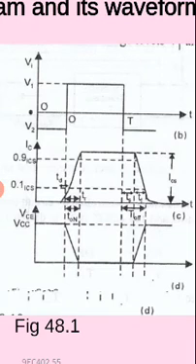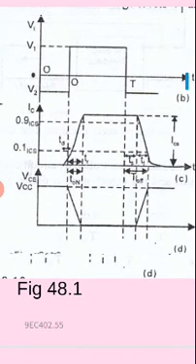Now current starts flowing. Hence here the collector current is increasing slowly with respect to time. After some time the collector current reaches the maximum level.